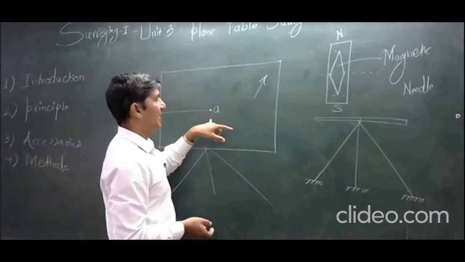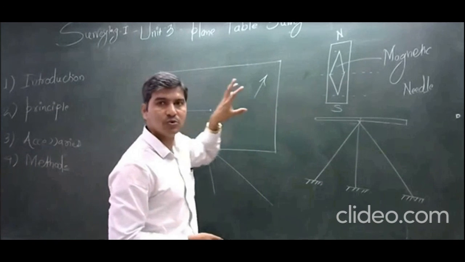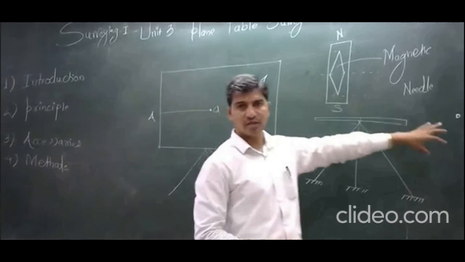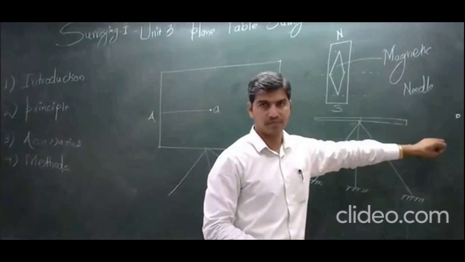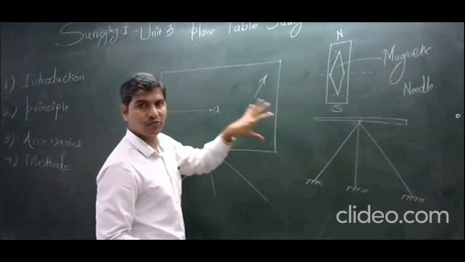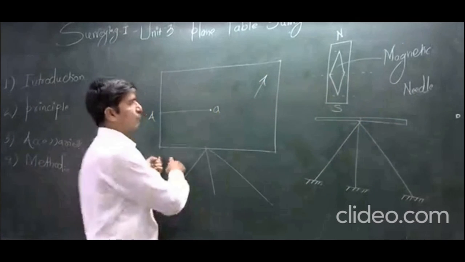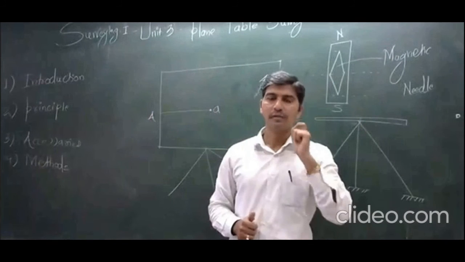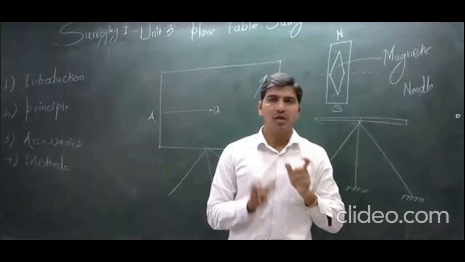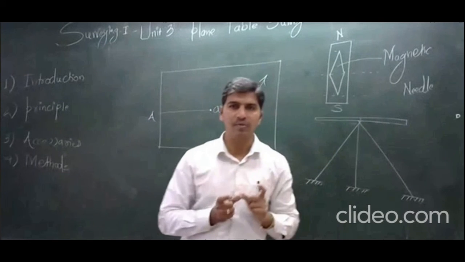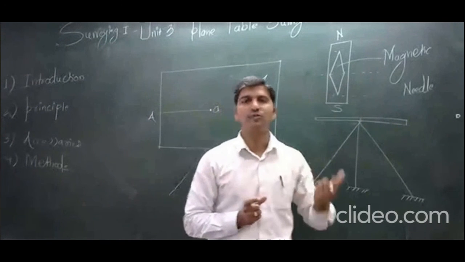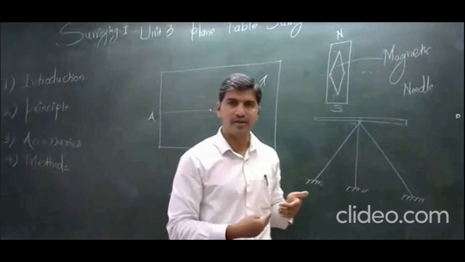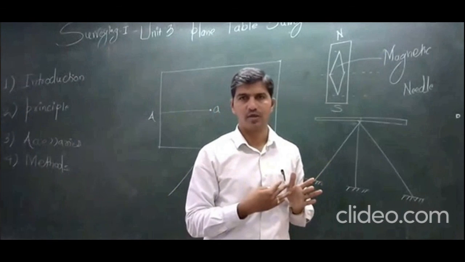Now, the next step is to shift the instrument from point A to another point, say B. When I shift the instrument from one point to another, I should keep in mind the principle of plane table: keeping your plane table parallel to each and every position it had in the previous positions.